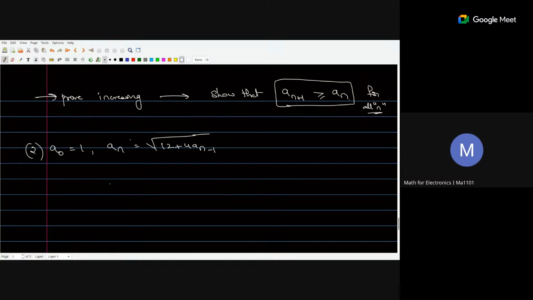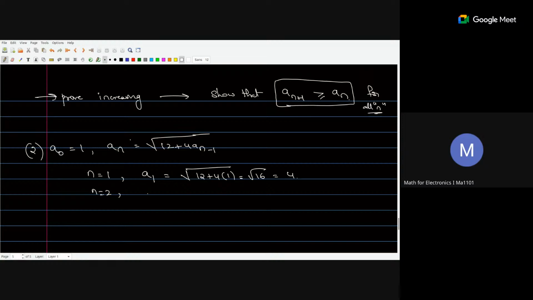Okay, anyway. As I mentioned, step 0 is that for understanding, let us write down the sequence first. So n equal to 1 will give me a1 equal to root of 12 plus 4 times 1, which is root 16, which is 4.